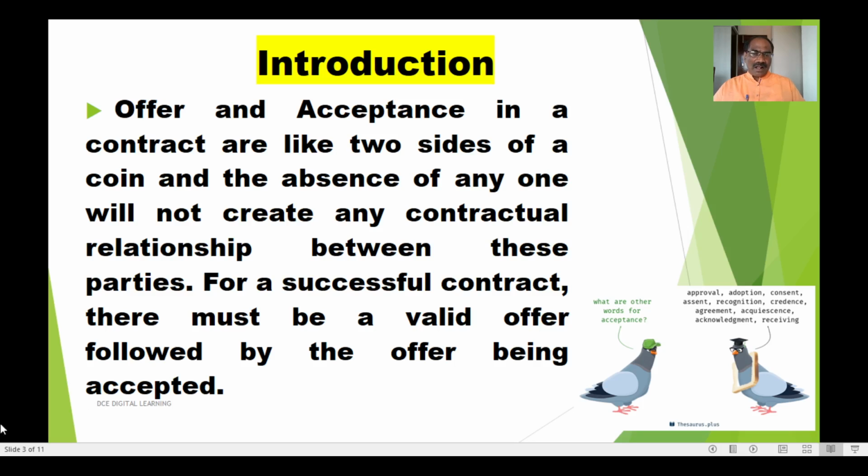If the contract wants to be a successful contract, the offer must be a valid offer, and it should be followed by the offer being accepted. If there is an offer, for that offer there should be a valid acceptance by the offeree. If both a valid offer and acceptance are there, the contractual relationship will automatically be created between the parties, and that contract will be successful in the court of law.